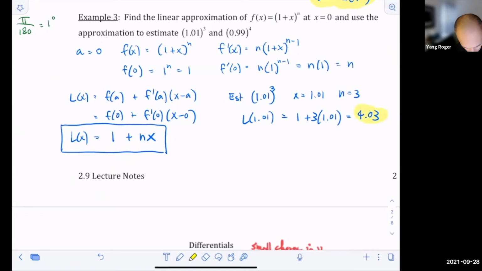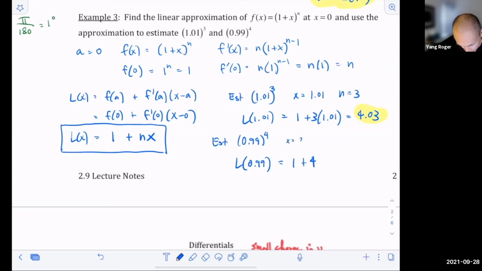For this last one, we want to estimate 0.99 to the fourth. So that's going to be L of 0.99. So you're going to have 1 plus, because it's to the fourth power, the n is 4, right?